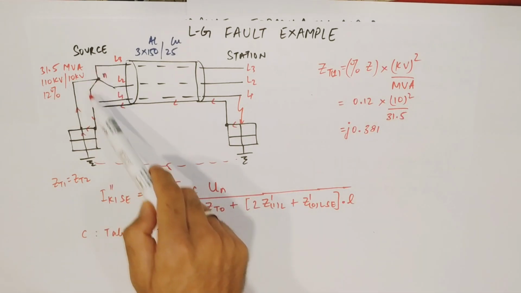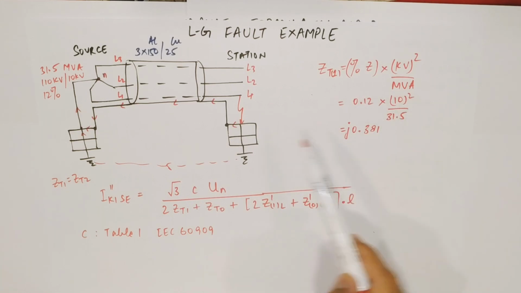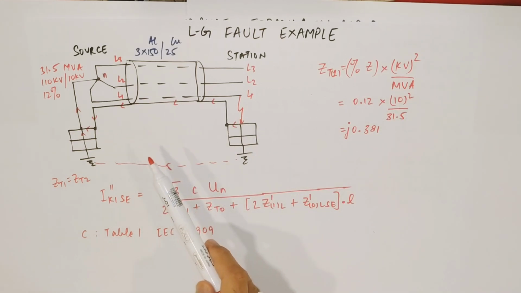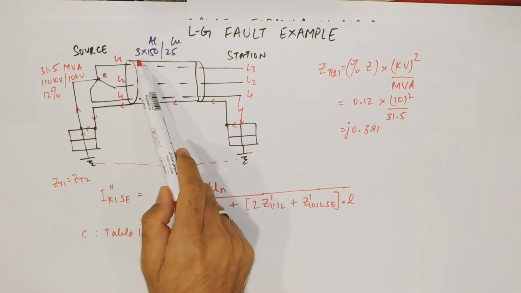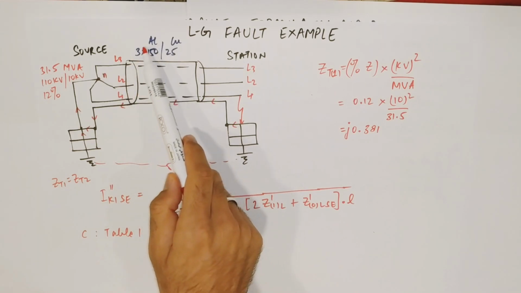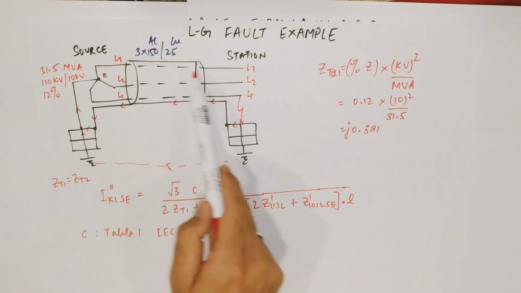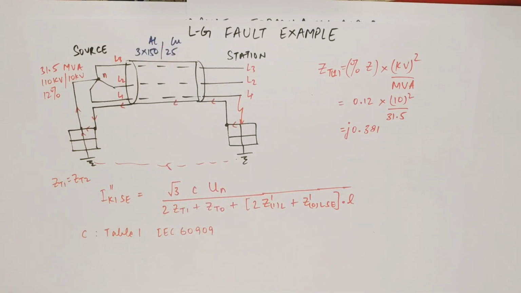As we are dealing only with the 10 kV side, I have put 10 kV here. Now this cable has a cross section area of 3 into 150 square mm, with aluminium conductors, and the sheath is of copper, having a 25 square mm cross section area.